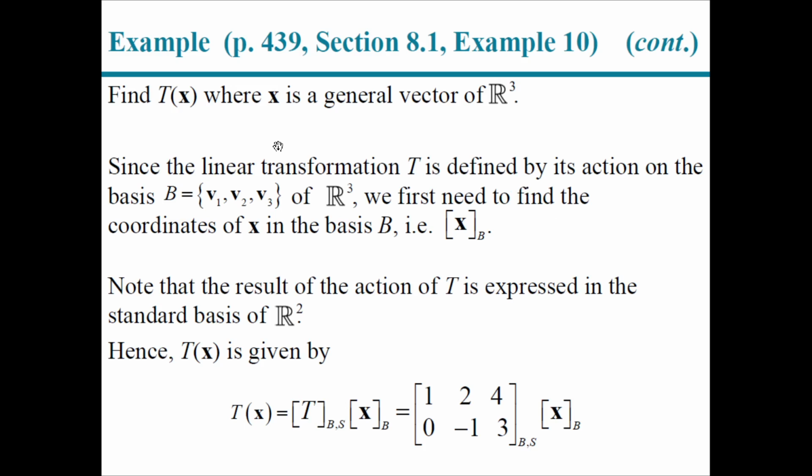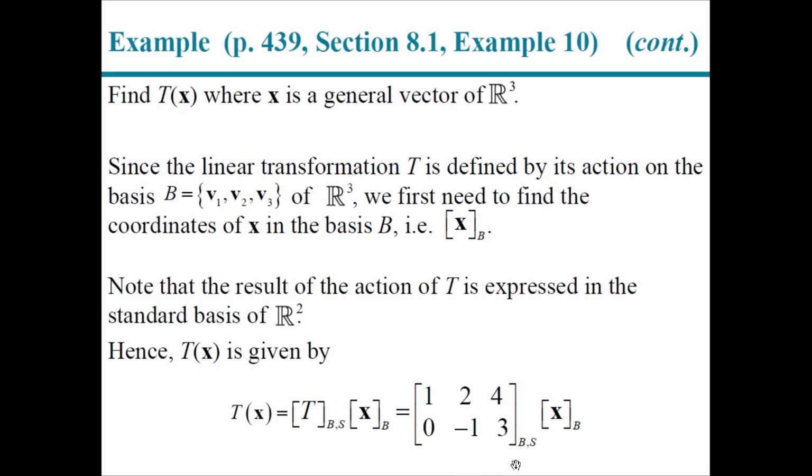So if I'm asked to find T of X, where X is some general vector of R3, using this representation matrix, that's the only thing I have. Well, the first thing will be to find the coordinates of the vector X in the basis B, because X is a vector in R3, so it's an object.